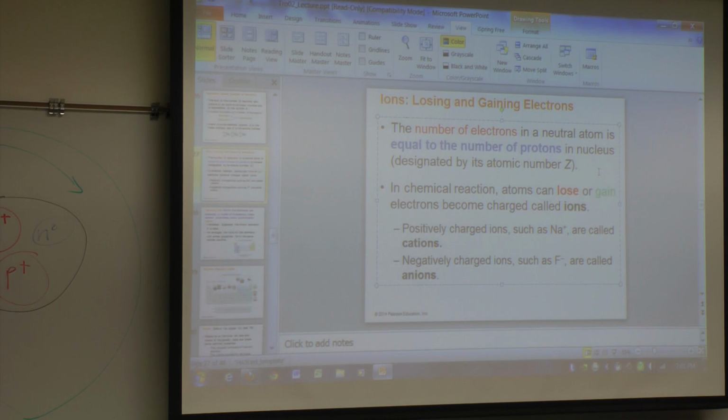The mass number is an average, based on the percent that each is found in nature. So one exists 75% more than the other, hence the number there.